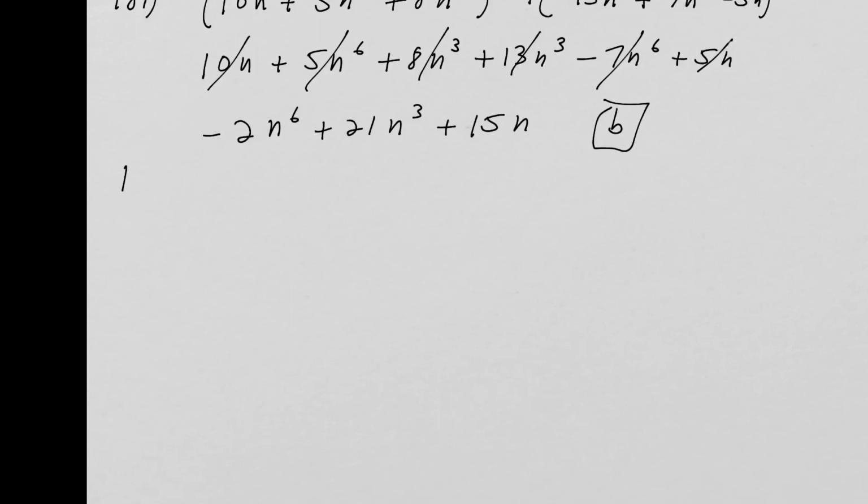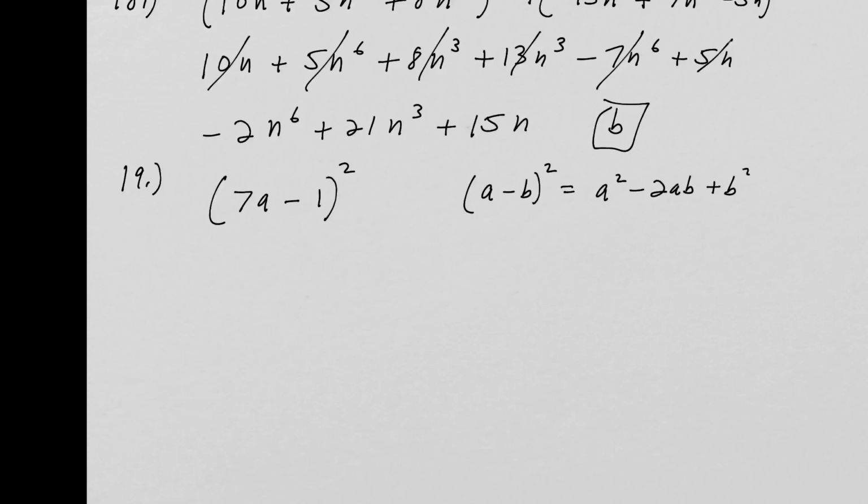Okay, 19. (7a minus 1) squared. Okay, so remember, there's two ways you could do this, right? You could use that special product rule, which says if you have (a minus b) squared, this is going to be a squared minus 2ab plus b squared. So in this case, our 7a is kind of like a.